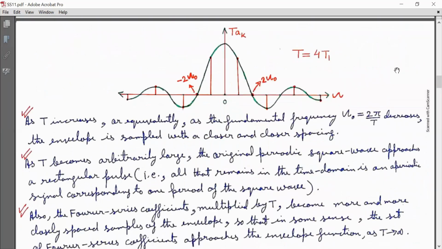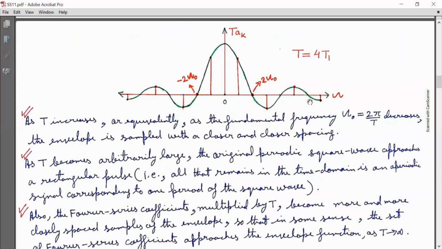Now I have plotted T a_k with respect to Ω for T equal to 4T1. This green colored signal shows the sinc function, and these points show the sample values.